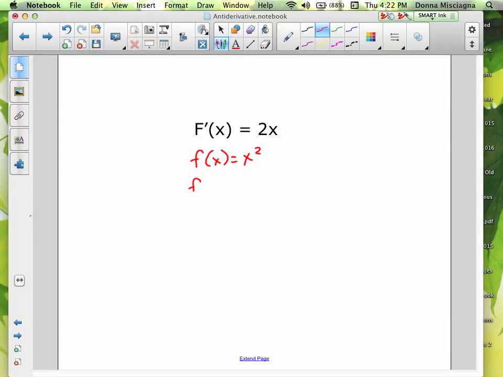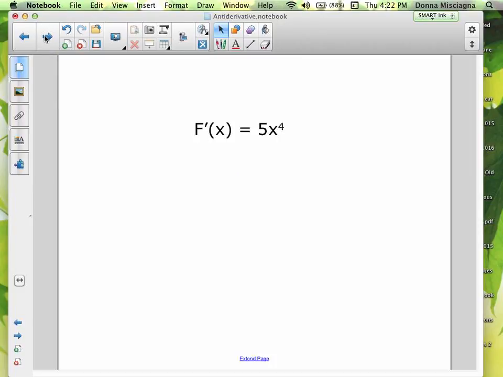If we take the derivative of x squared, we get 2x. Okay. One of the nice things about anti-differentiating is you have the answer, so you can always check your work. If I take the derivative of x squared and I don't get 2x, then I have a problem. Okay. So if I choose a function and I go to take the derivative and it doesn't match, then maybe I've forgotten something.